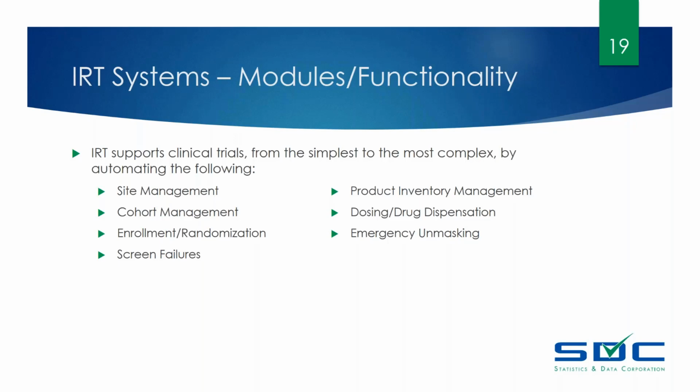Study admin users can open and close cohorts, set and update cohort limits, and manage cohort patient replacement. Site end users can view cohort availability and subject assignments and receive notification of cohort updates during study conduct in real time. Again, IRT replaces manual randomization, so envelopes or scratch-off cards, providing automated randomization.